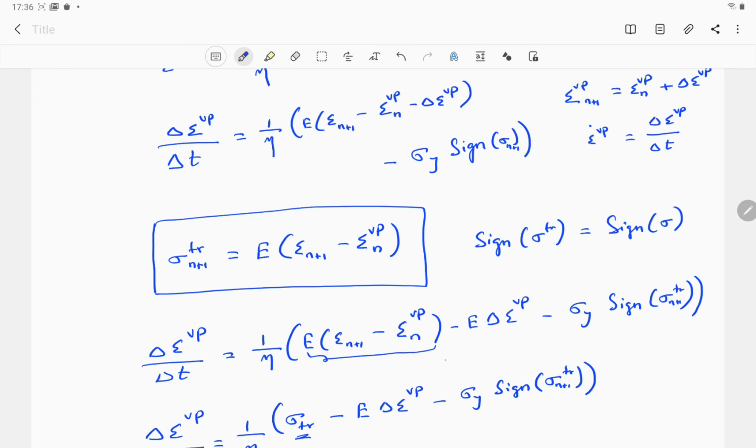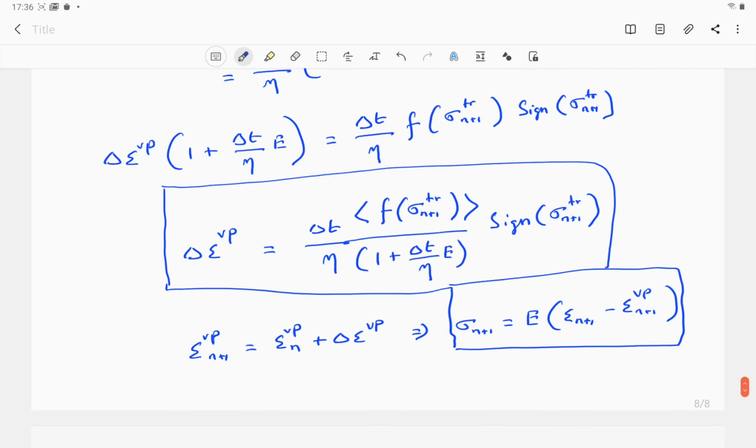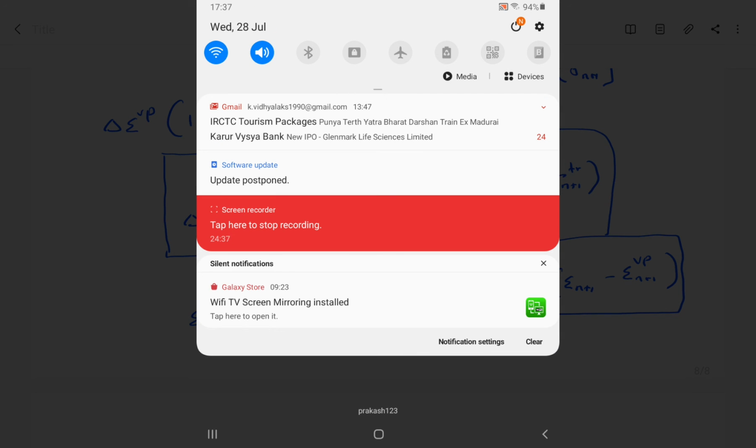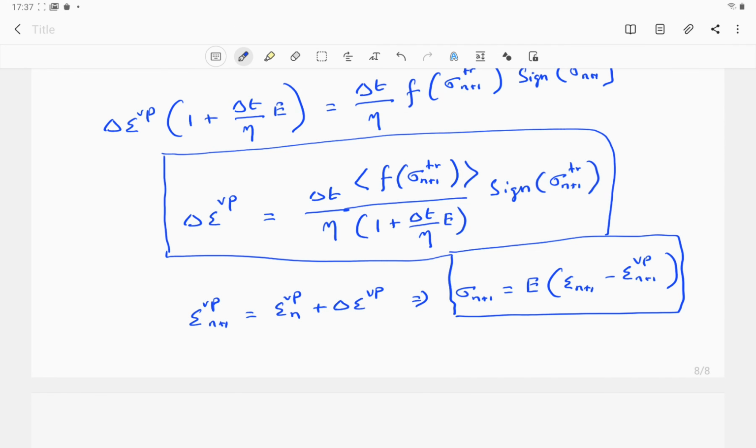So that's how you need to construct the equation and make a model for viscoplastic material. Okay, thank you.